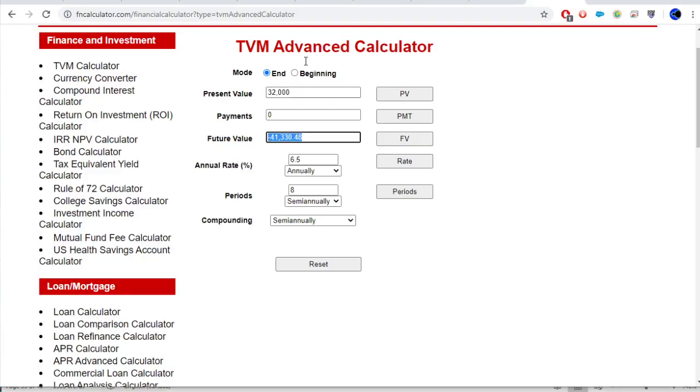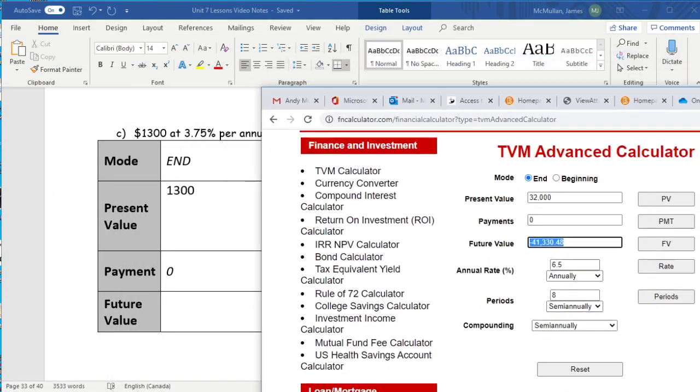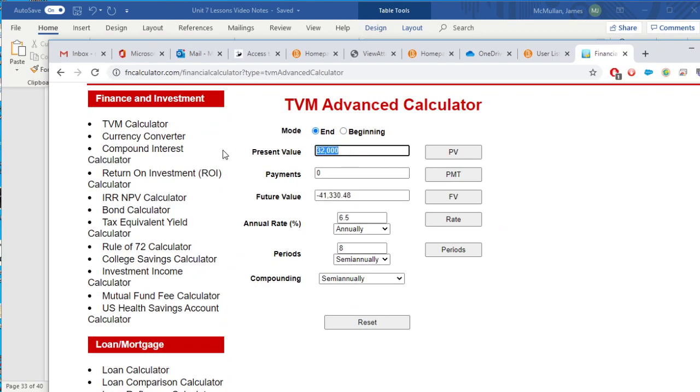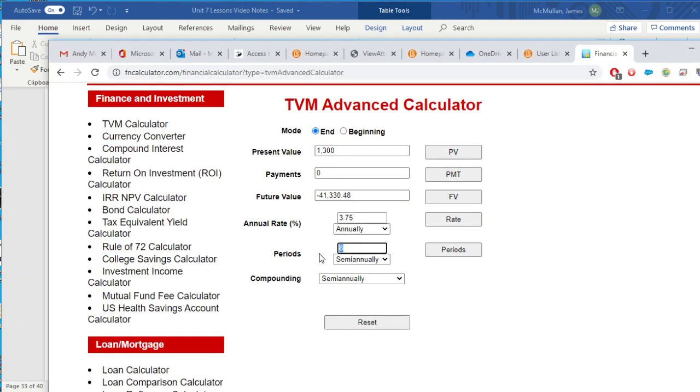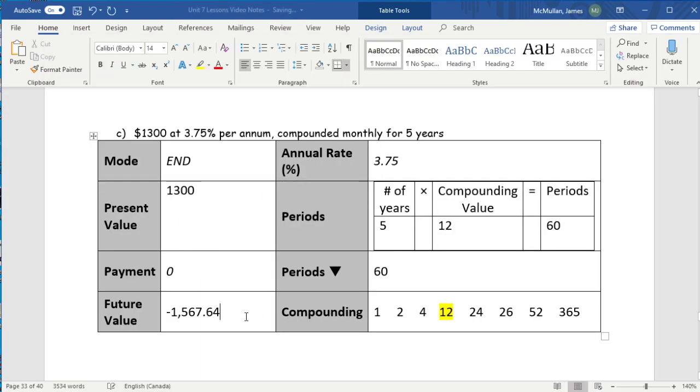So let's go back and put in what we know. I'm borrowing $1,300. The rate is 3.75%. The number of periods is 60, and that is monthly. And the compounding is also monthly. And in the future, I would owe $1,567.64. Okay?